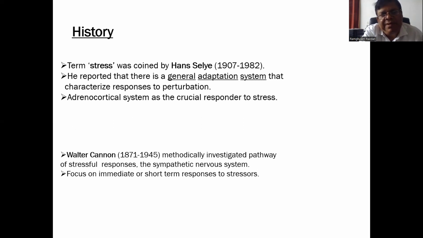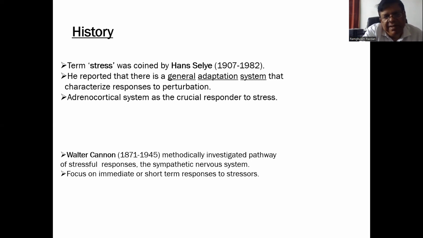He was born in 1907 and died in 1982. He is the person who has done a lot of work in this field. He reported a general adaptation syndrome that characterizes the response to perturbation, with the adrenocortical system as the crucial responder to stress.